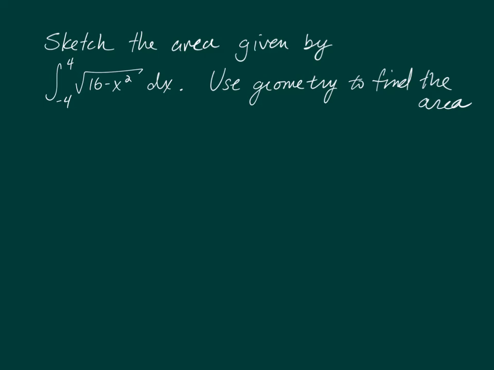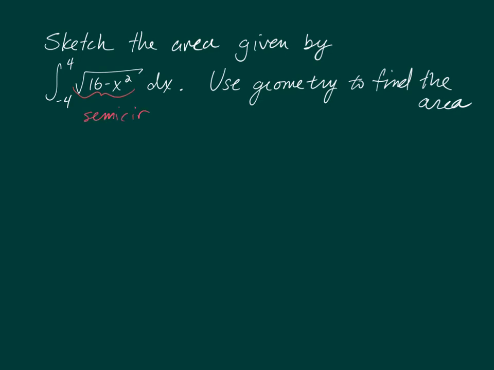For this example, we will be sketching the area given by this definite integral, and then we will use geometry to find the area. As of right now, normally in a Cal 1 class, you don't have the tools yet to be able to integrate this. So what you need to recognize is that this is a semicircle.